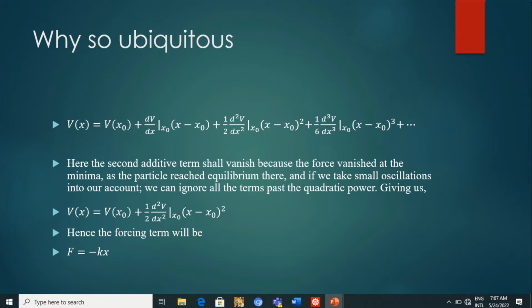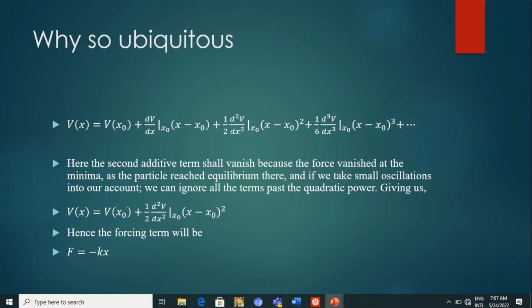Hence the forcing term will become, since force is actually a negative gradient of a potential, F is equal to minus kx. Now you see the power of x on this forcing term. Again, linear. And this linear force is a characteristic of your simple harmonic oscillation.